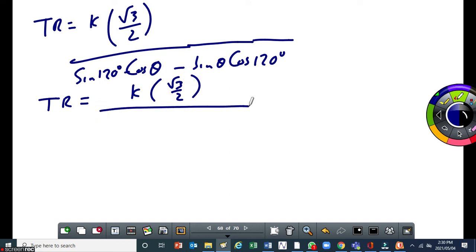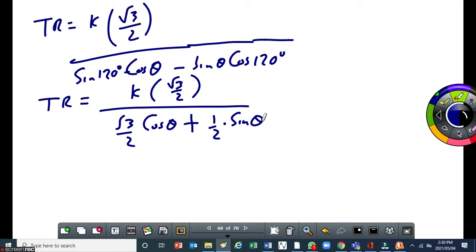Now, sine 120 is the same as sine 60, which is square root of 3 over 2, times cos theta, minus cos 120, which is the same as minus cos 60 degrees. So this minus becomes a plus. So it will be plus a half times sine theta, because cos 60 is a half.